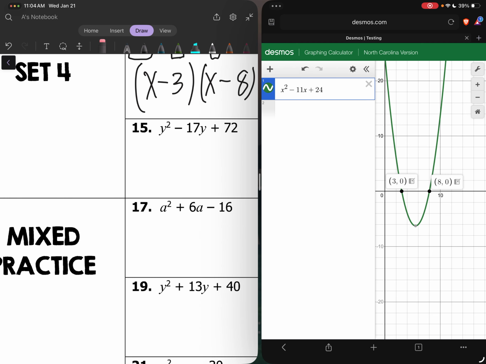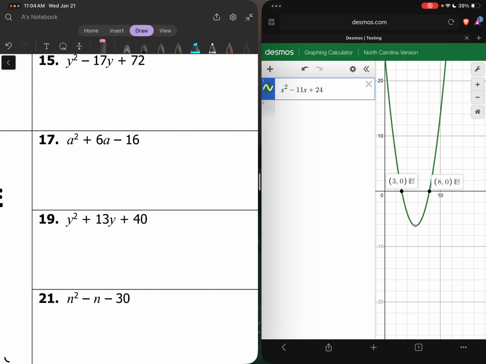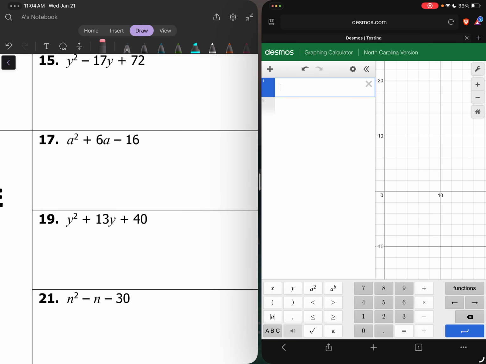So let's try number 19. Now it says y squared. Desmos graphs in terms of x, so you have to put x. X squared plus 13x plus 40.